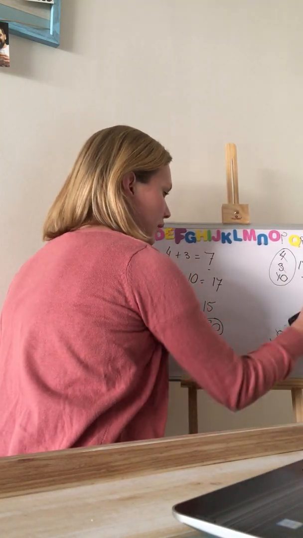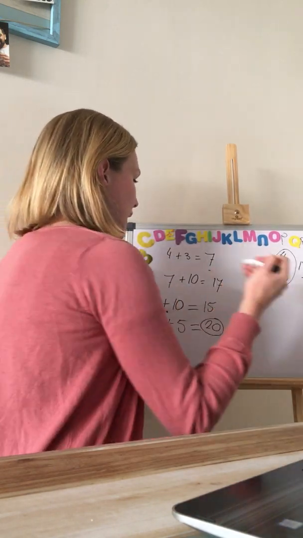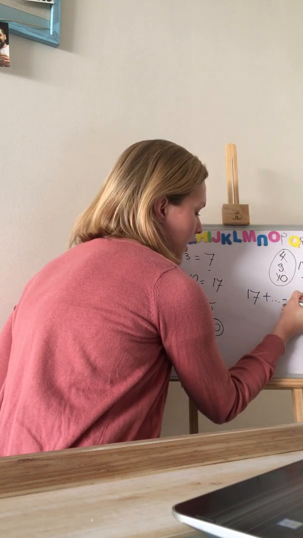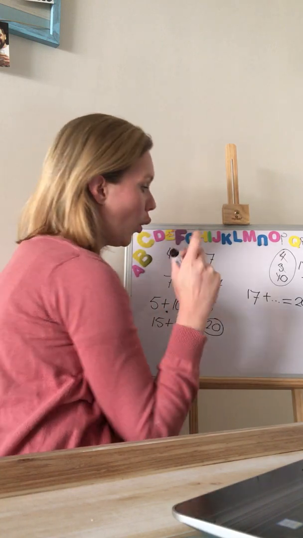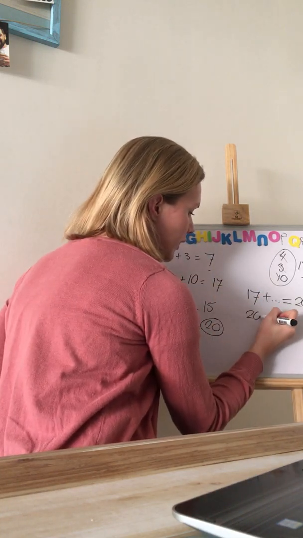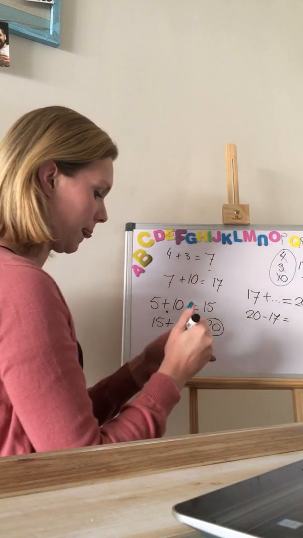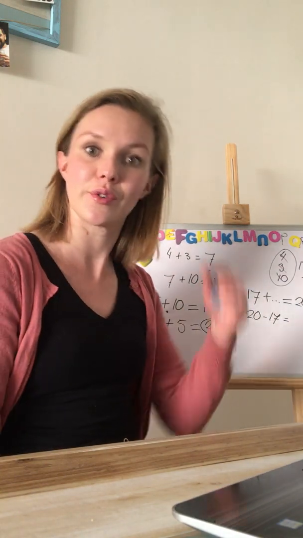I can write it like this. 17 plus something equals 20. Or 20 minus 17 equals... This one seems a bit easier, don't you think?